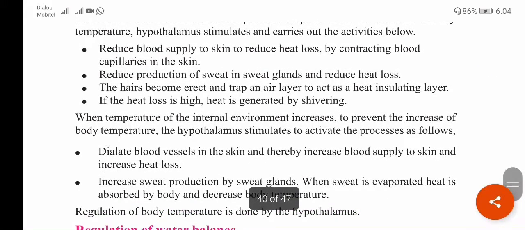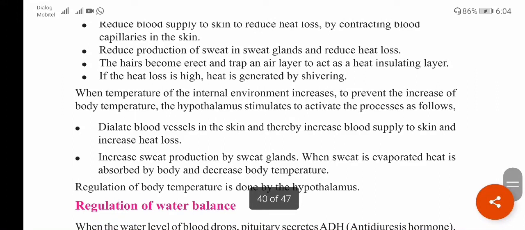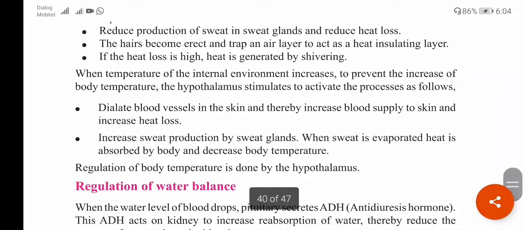When the temperature of the external environment is high, or when the temperature of the internal environment tries to increase, the hypothalamus is stimulated again to activate the following processes.